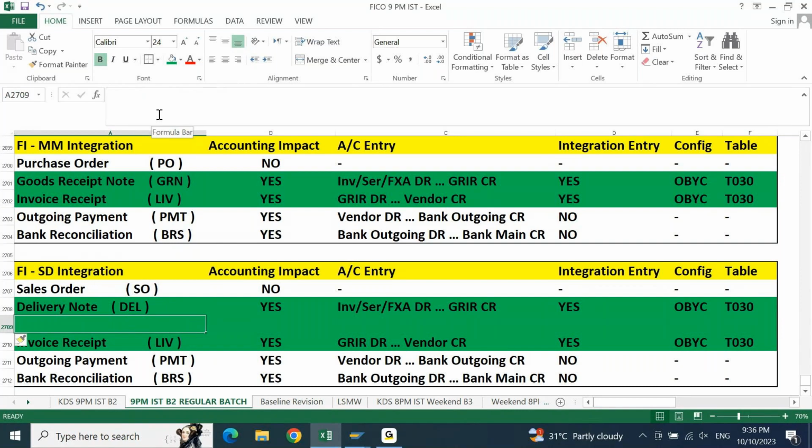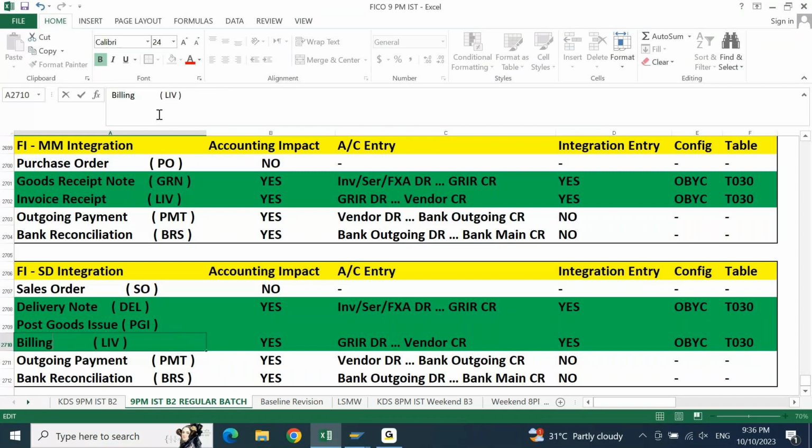Next, after delivery there is another point exclusively with respect to FI SD integration: post goods issue. We call it PGI. Next one, invoice receipt. Here you were receiving the invoice; to the customer you are going to generate the invoice.